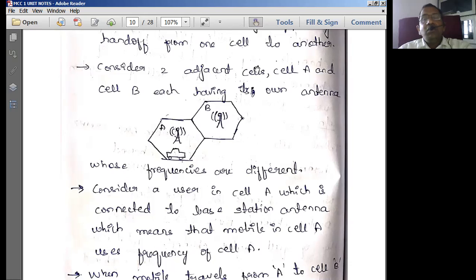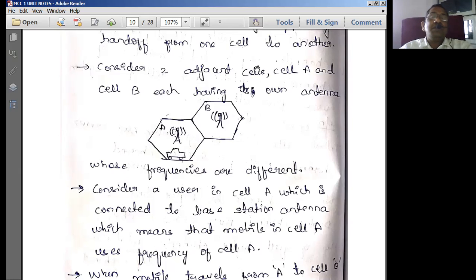You can see one more important drawback here. Even though you are making a call to your adjacent friend who is sitting right beside you, what is the problem you encounter? The call has to go all the way from your mobile to the base station, from the base station to the MSC, MSC to PSTN, once again PSTN to MSC, and MSC to the base station and then to the destination mobile.